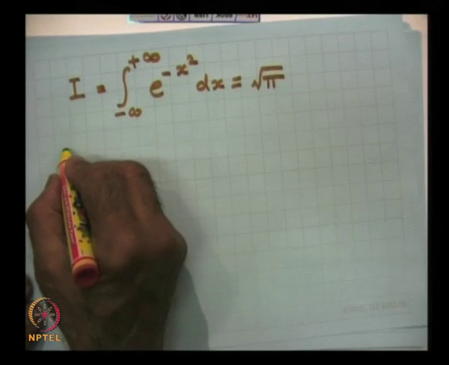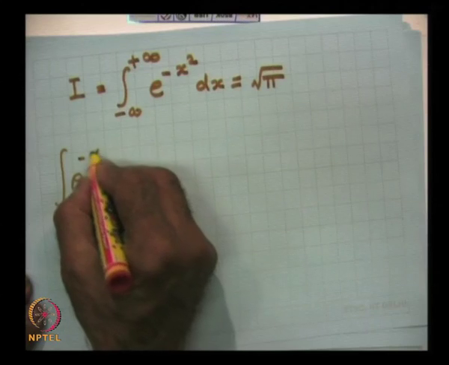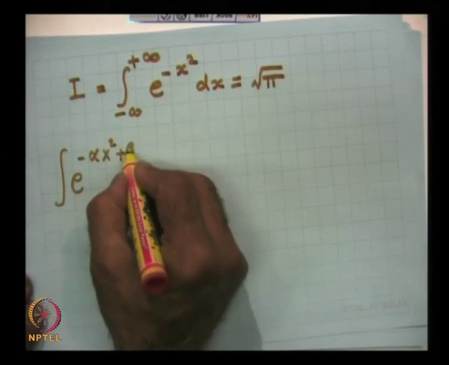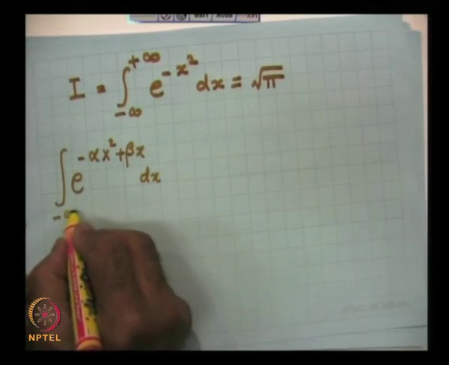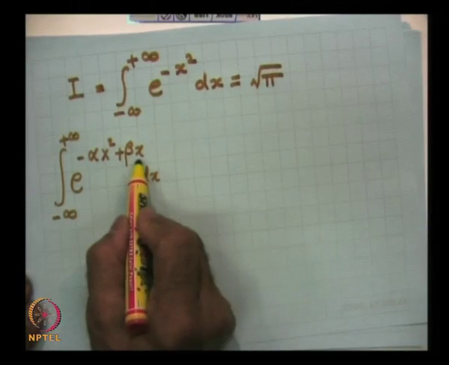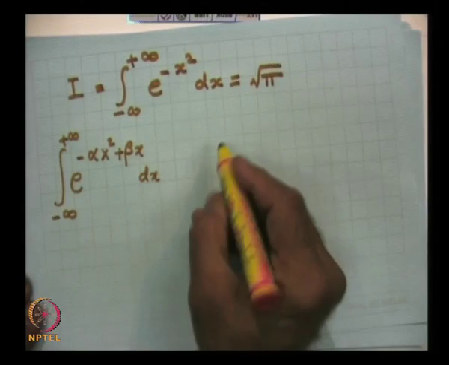So, let us suppose I have this integral e to the power of minus alpha x square plus beta x dx. So, this is from minus infinity to plus infinity. What you do is, as most of you may already be aware of, you form a whole square of it.